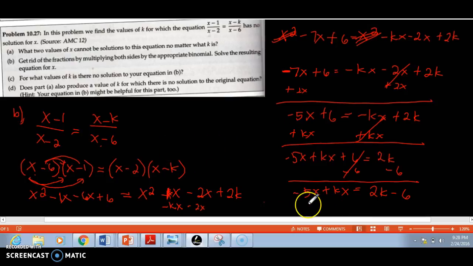Negative 5x plus kx, well, let's factor out your x. You can factor out your x and you would have negative 5 plus k, x is equal to, oh, that's positive 2k. 2k minus 6.